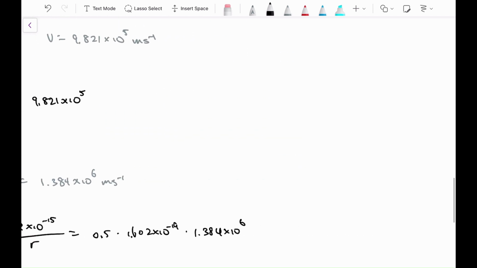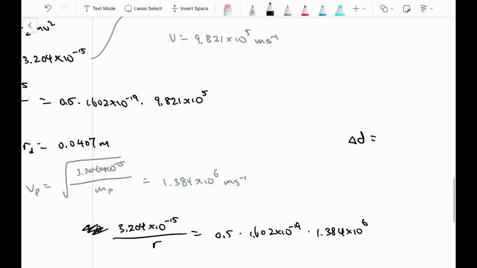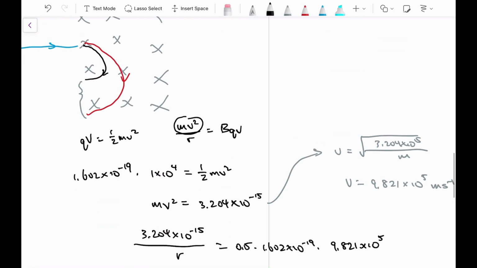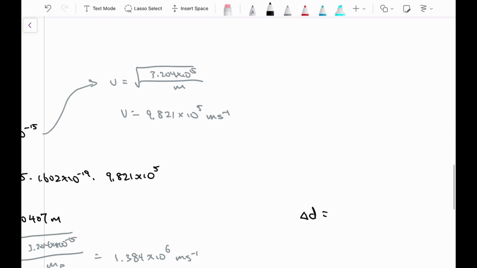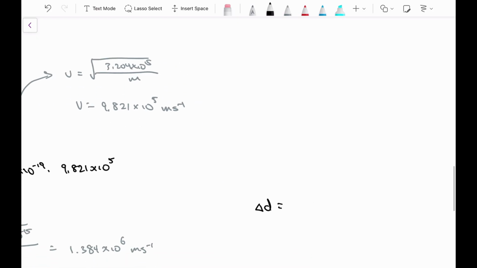And now we can calculate the separation. So the separation, I'm going to say delta D, will be equal to the difference between the diameters of their circles, right? The diameter, so this is 2 times the radius. So the difference between their diameters will be equal to 2 times RD minus Rp.